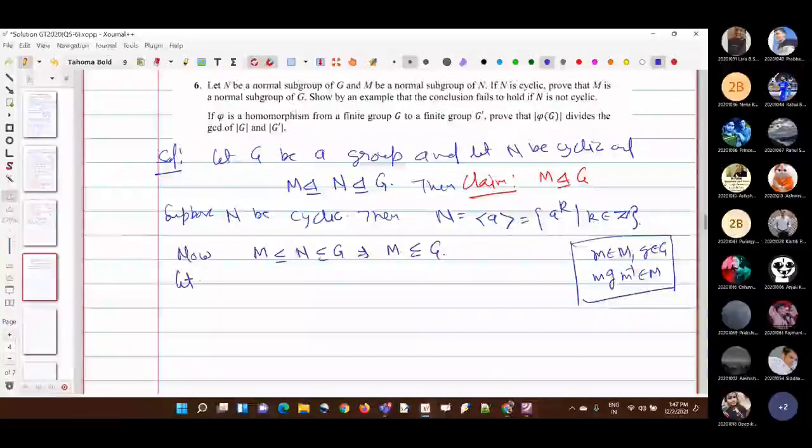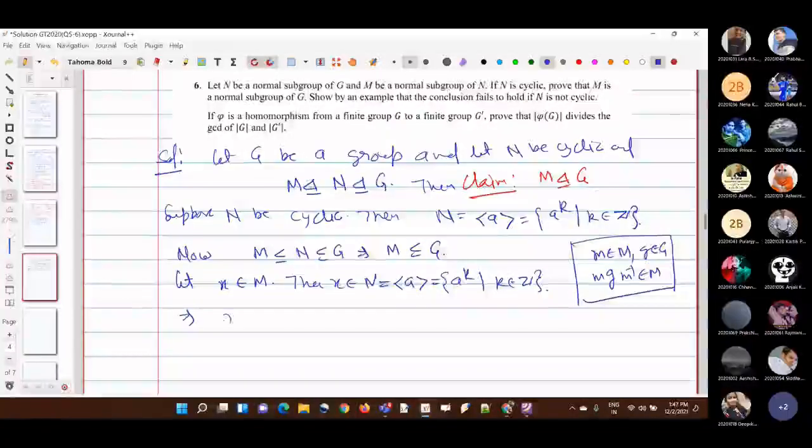So let us assume that x belongs to capital M. Because M is a subgroup of N, M will be contained in N. So x is also a member of N, and because N is generated by a, N is the set of a to the power k, where k belongs to the set of integers.